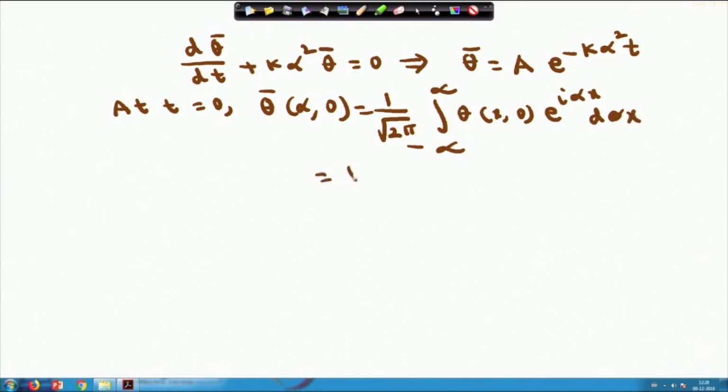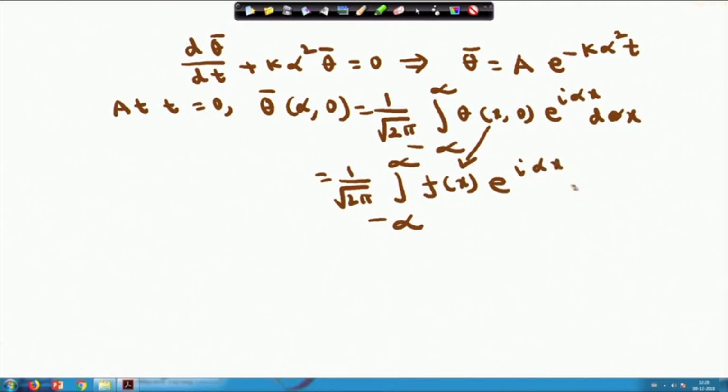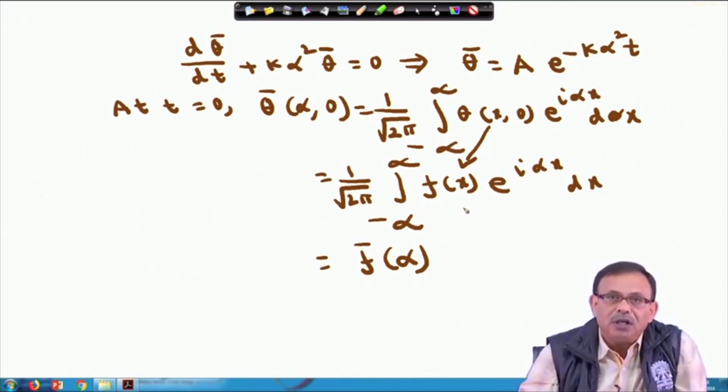So, this equals 1 by root 2 pi integral from minus infinity to infinity of theta x 0, which has been given as f x. So, f x into e power i alpha x dx. If you see this, we can call it f bar alpha, where f bar alpha is nothing but the Fourier transform of the function f x.